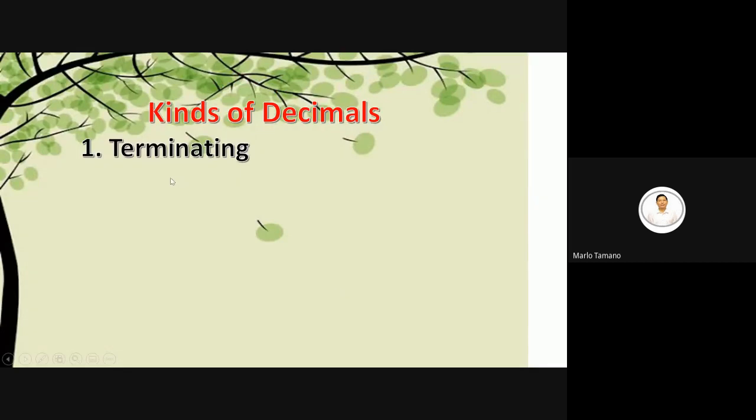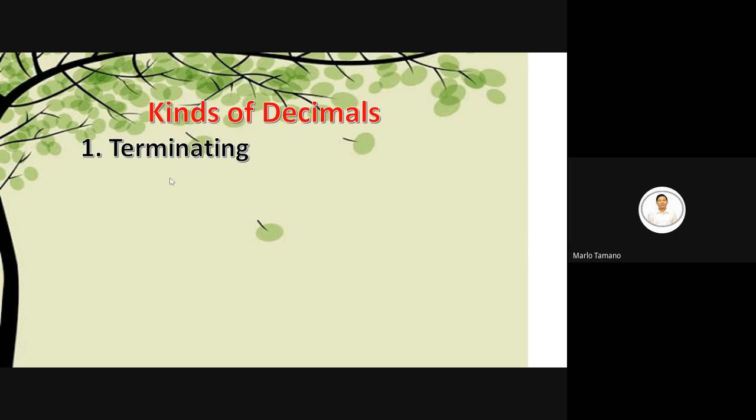Kinds of decimals. Earlier, we covered types of fractions: proper fraction, improper fraction, and mixed fraction. This time, kinds of decimals, since we are going to change fractions into decimals and decimals into fractions, vice versa.